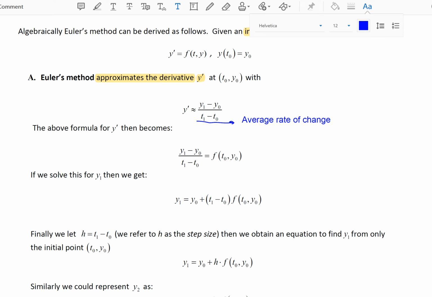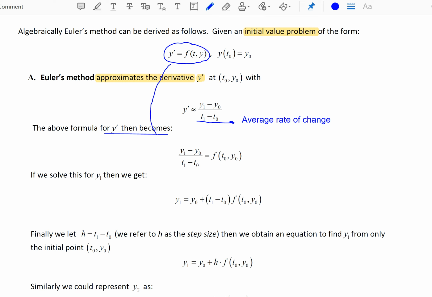With this approximation, the formula for y prime becomes, and here I'm manipulating this equation, where we're replacing y prime with the average rate of change.